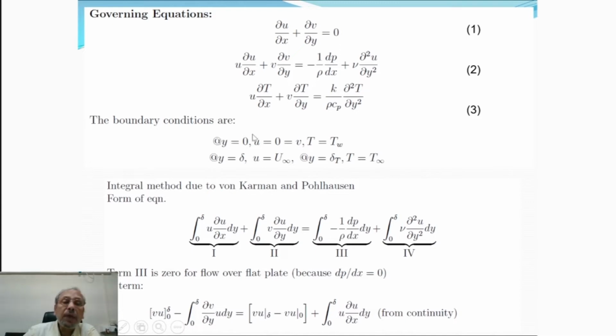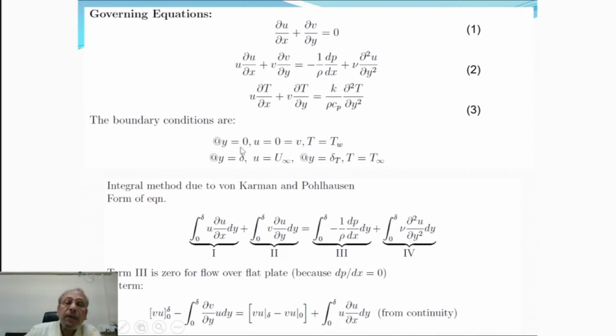Now the boundary conditions are at y equal to 0, u equal to 0 and v equal to 0. This is the no slip boundary condition, at y equal to 0, u equal to 0, and the impervious boundary condition is at y equal to 0, v equal to 0. Since this is a solid wall, both conditions are applicable. At y equal to 0, I have used this symbol at the rate, but this means at.